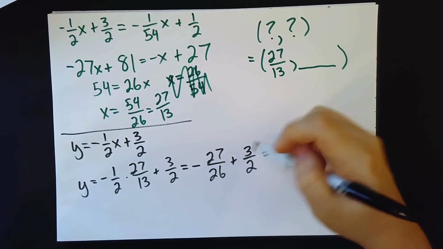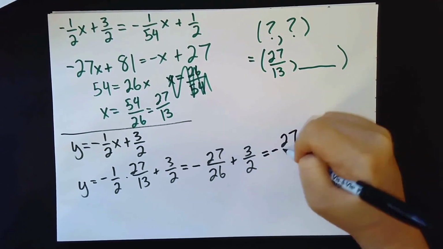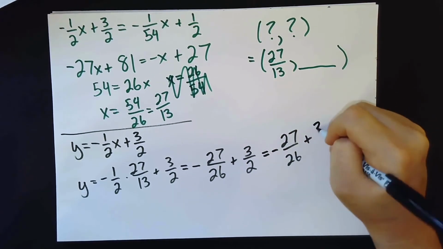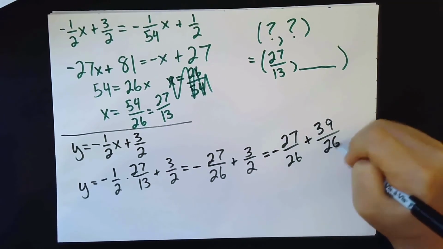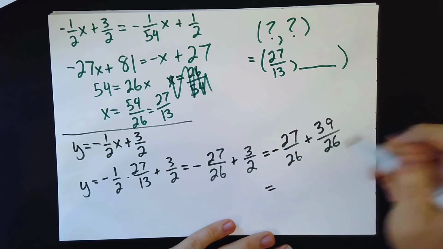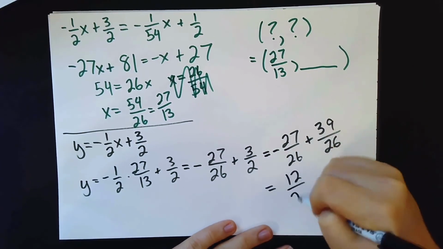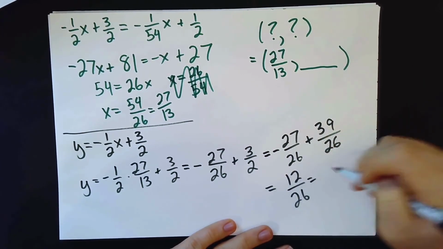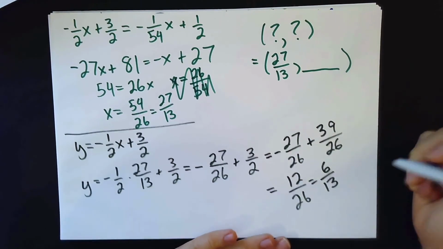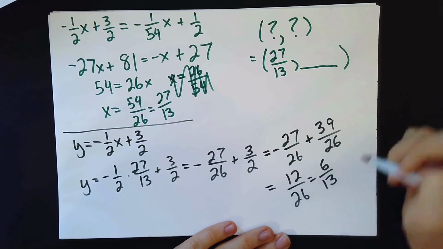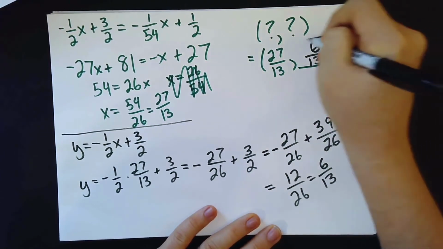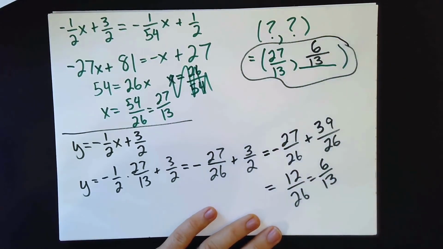Okay, rewriting this over 26, that's going to be minus 27 over 26 plus 39 over 26. So 39 minus 27 is 12. Okay, but then I can cancel a 2. So I'll get 6 over 13. Okay, and so that, at long last, is my y-coordinate. And that's the answer to this question.